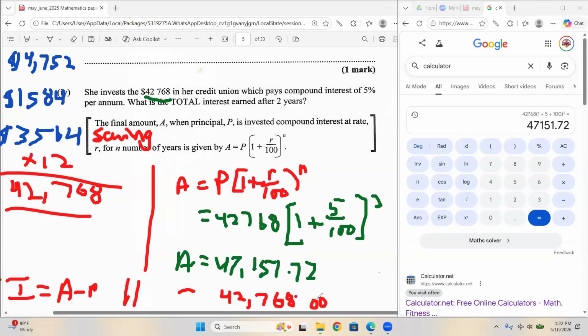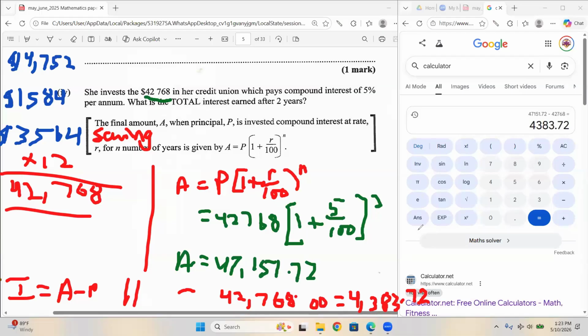And we will get what exactly? Let's see. So the interest she will have earned is $4,383. You'll see why it's better to put your money in a credit union than in a bank.